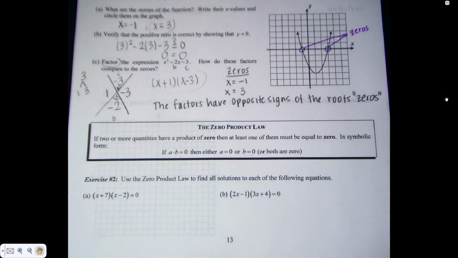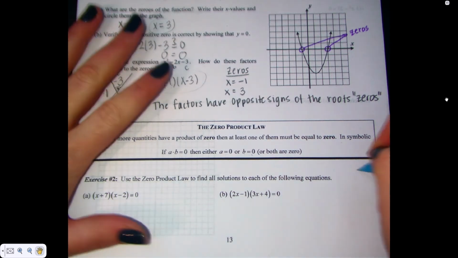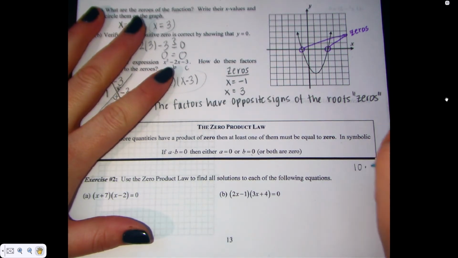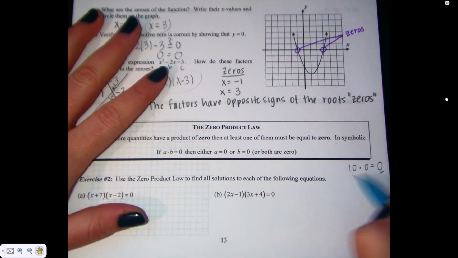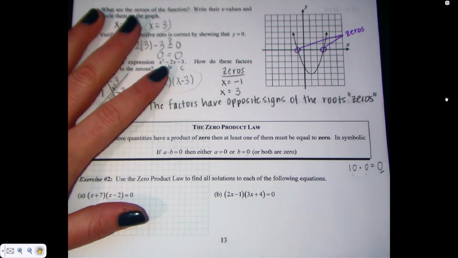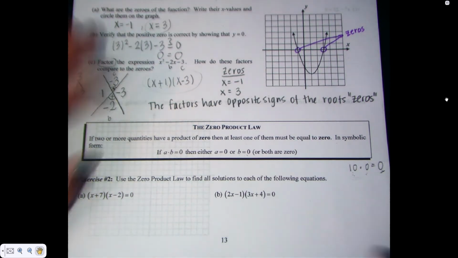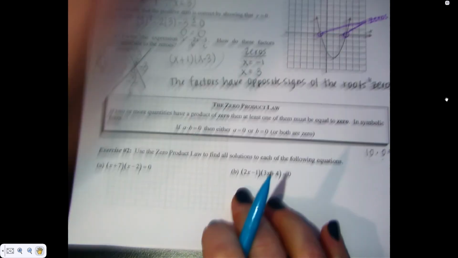Because if you have anything times zero, so 10 times 0, it is going to give you 0. So if you're multiplying to get an output of 0, one of these things actually has to be 0. And that's what this product law says.